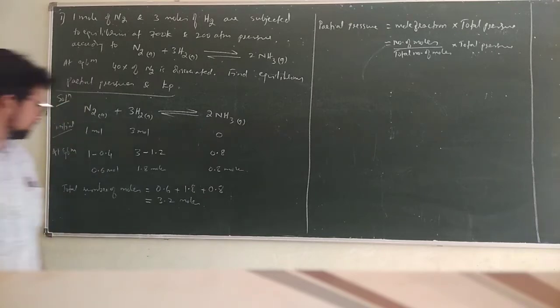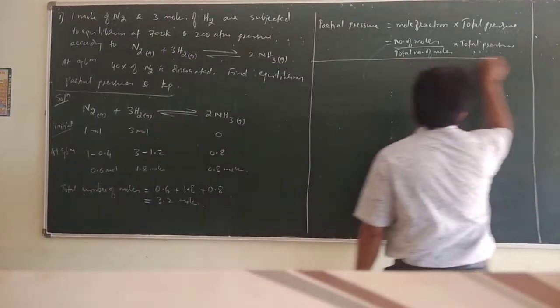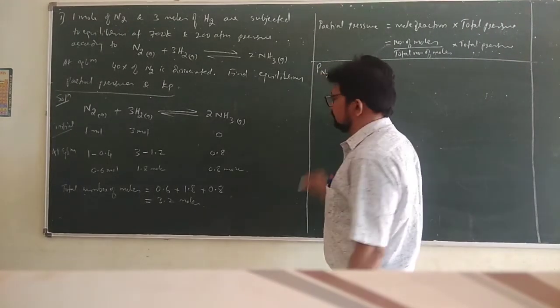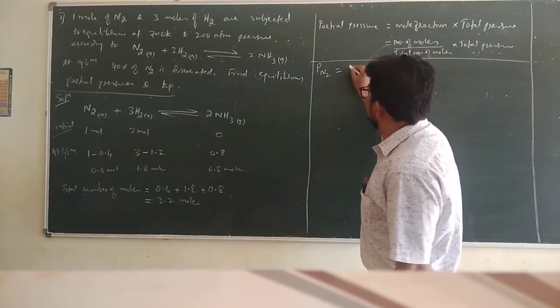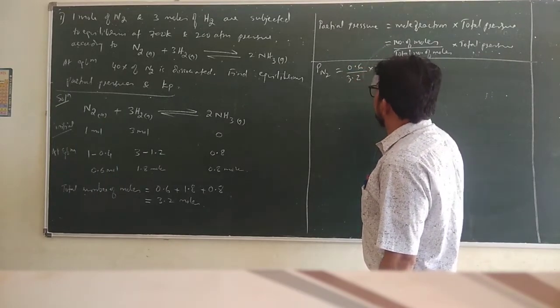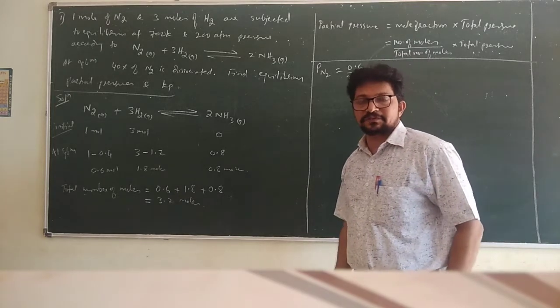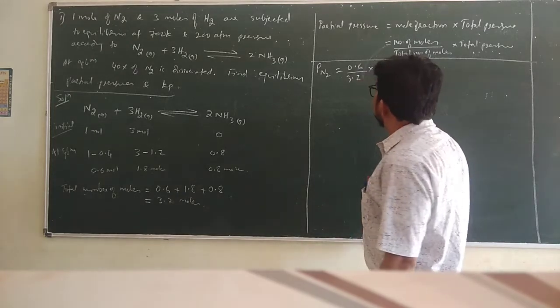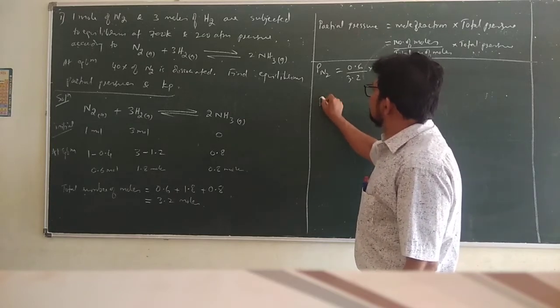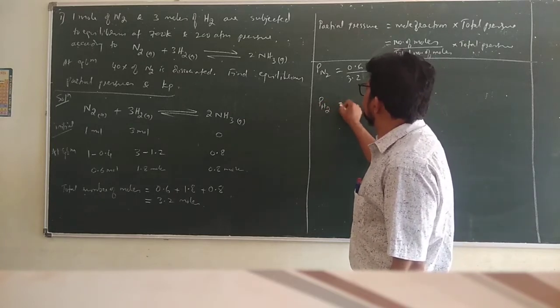Now find the partial pressures. Equilibrium partial pressure. Partial pressure of nitrogen equals its number of moles 0.6 divided by 3.2 into 200. Is it okay? What is partial pressure of hydrogen?